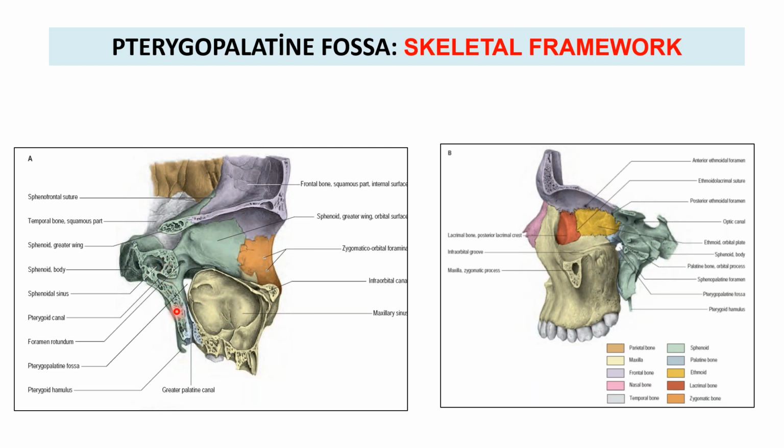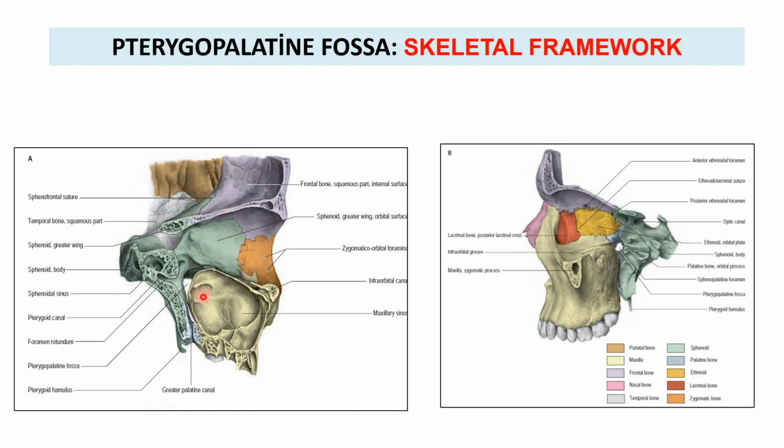Behind it, you can see the sphenoid bone, the body of the sphenoid superiorly. Below it, these are the pterygoid plates. So the fossa is right here. This is a very small pyramidal space with the base superiorly and the apex inferiorly.